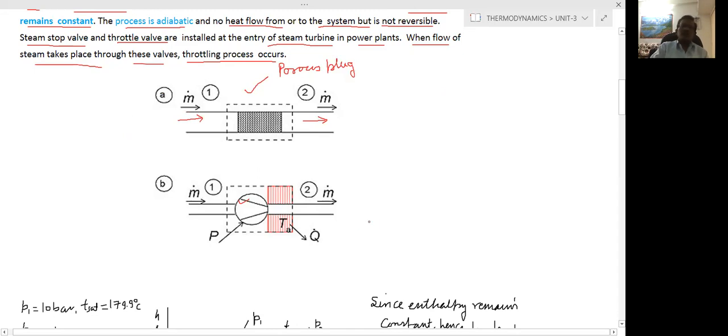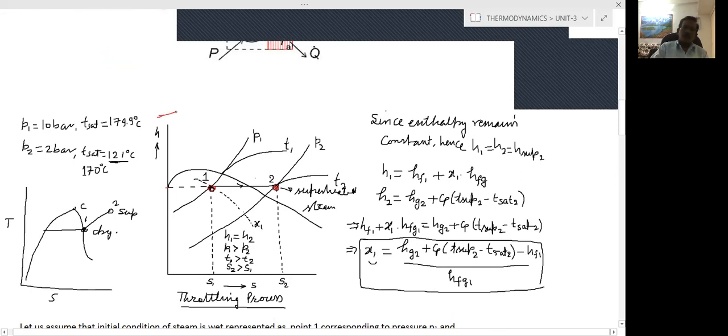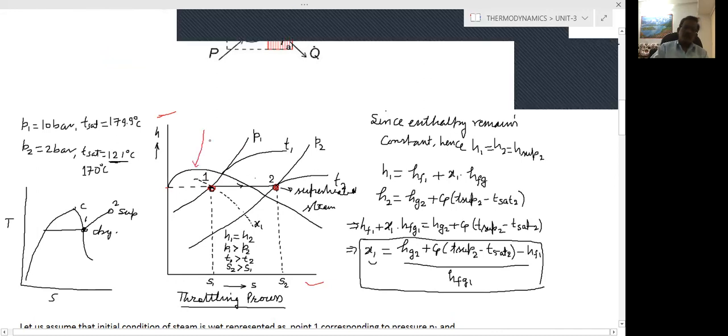If we take wet steam as the fluid which is allowed to pass through a restricted passage, then this can be represented on the HS diagram. Here, this is the HS diagram in which on the vertical axis we show the enthalpy, and on the horizontal axis we show the entropy. This line indicates the dry saturated vapor line.